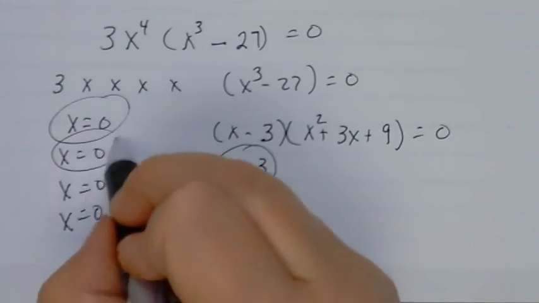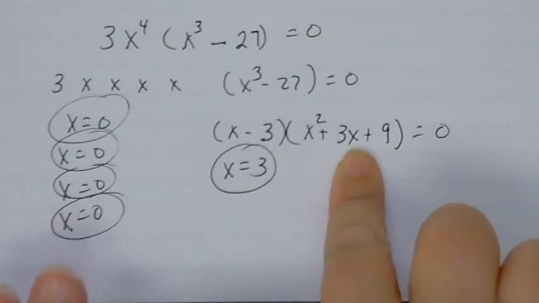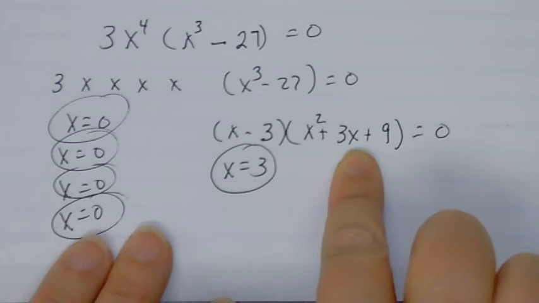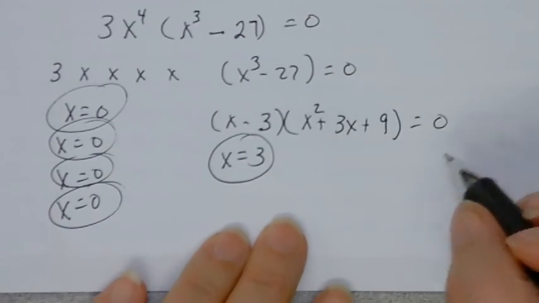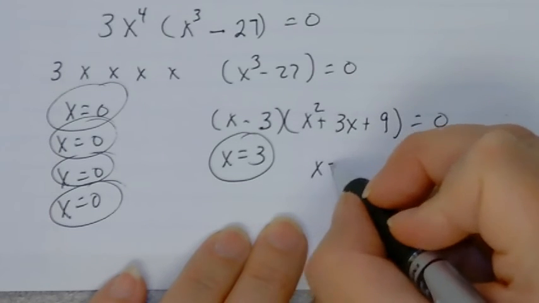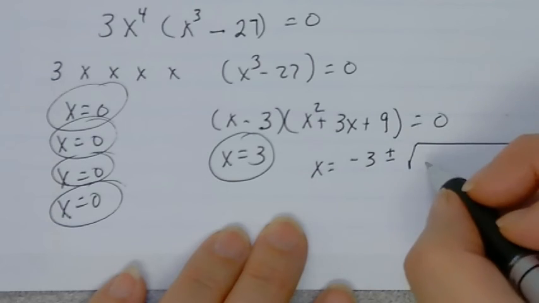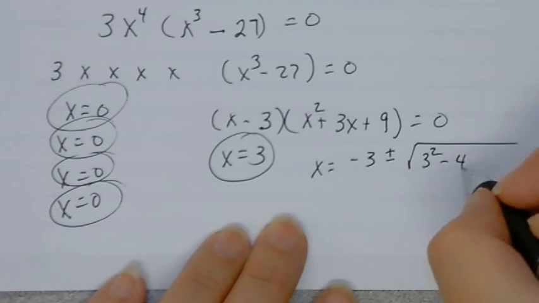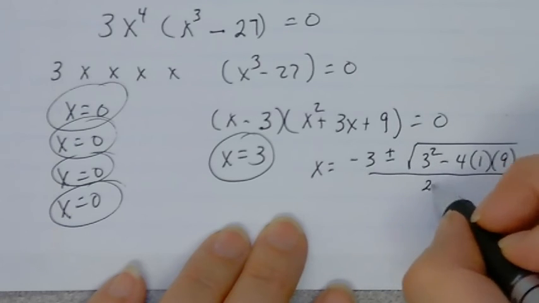So I've got 1, 2, 3, 4, 5. I should get 2 more right there. Unfortunately, this doesn't factor. So to get the other 2 solutions, we're going to have to do the quadratic formula. X equals the opposite of b plus or minus the square root of b squared minus 4 times a times c over 2 times a.